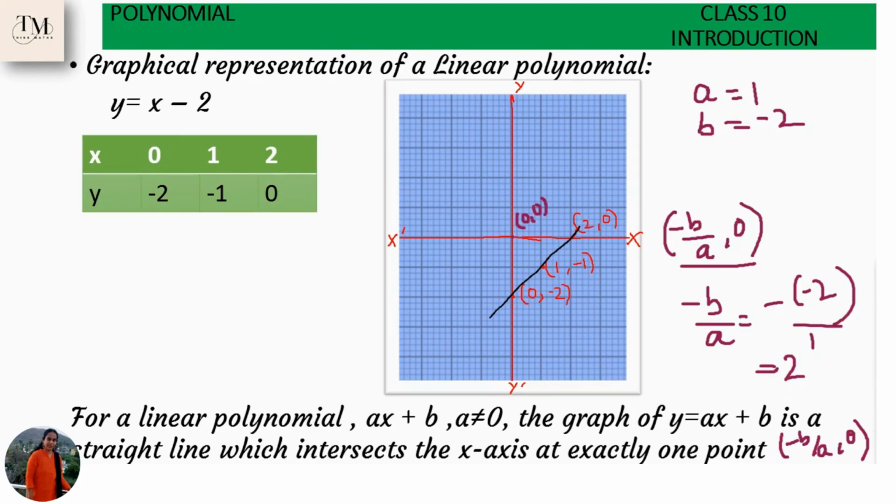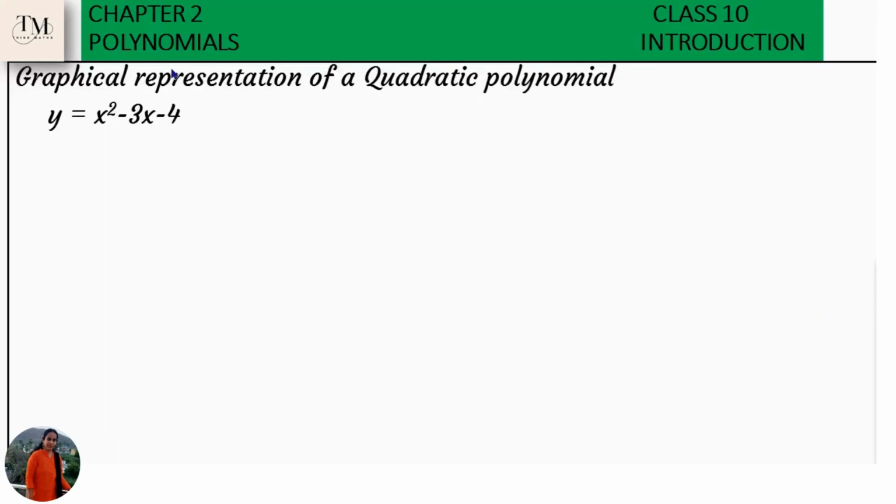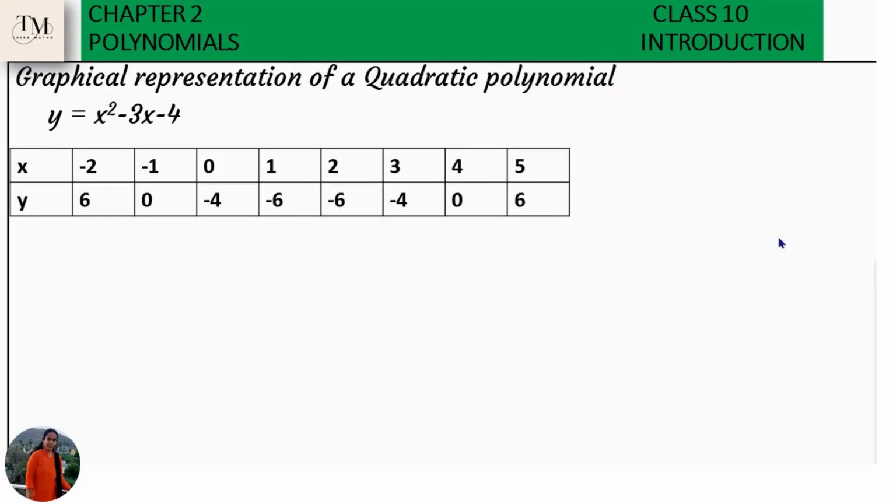Next we can go to the next topic, that is graphical representation of a quadratic polynomial. As usual, we have to take the values for x and find the value of y. When x is equal to minus 2, we get 6.